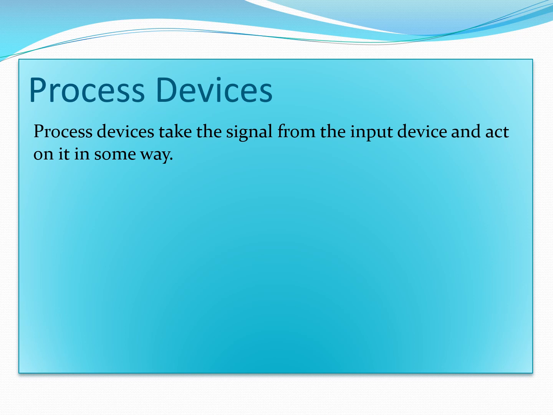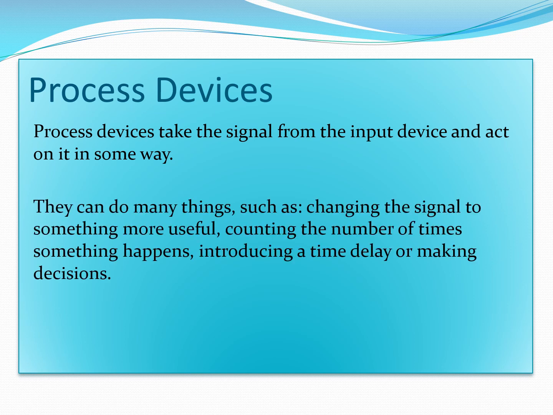Now, there's a whole range of different process devices, so it can act on this electrical energy in a whole range of different ways. And the way you want it to act on it obviously depends on what you want your system to do. We're not going to look at any particular process devices, that's a bit beyond us at this point, but some of the things it can do, like changing the signal to something more useful.